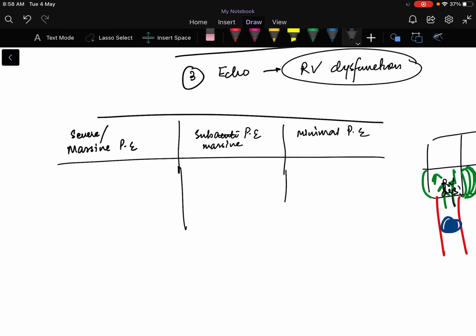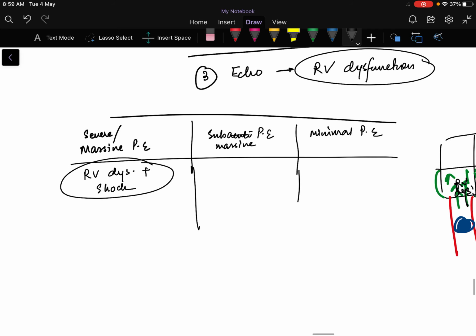If it's a severe one, that means there is right ventricular dysfunction and there is shock. Right. So here in our patient we didn't have any shock-like features, because the BP was 120/80, it was not a shock patient, so it wasn't a massive embolism, and the right ventricular dysfunction was suggestive.